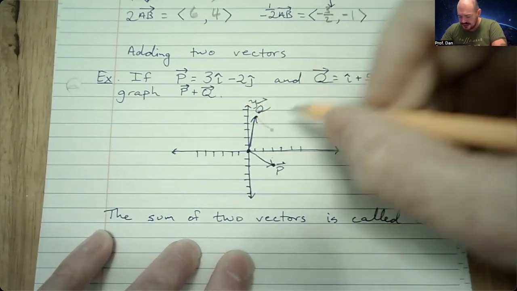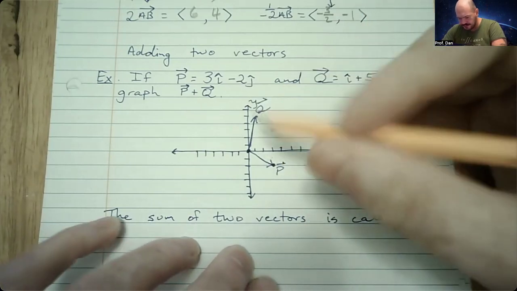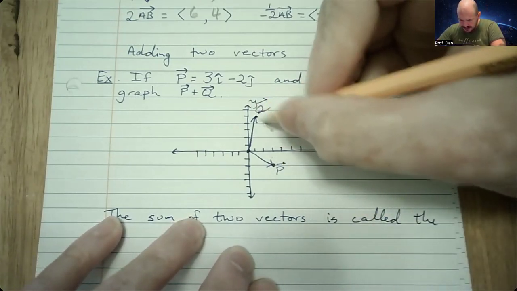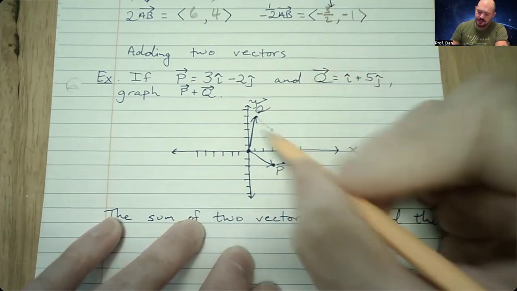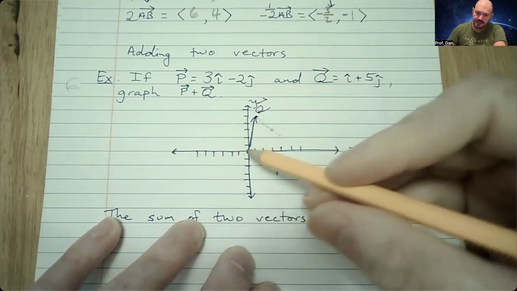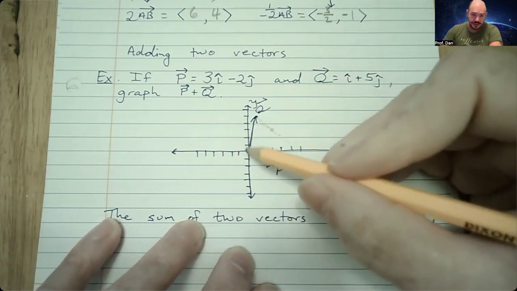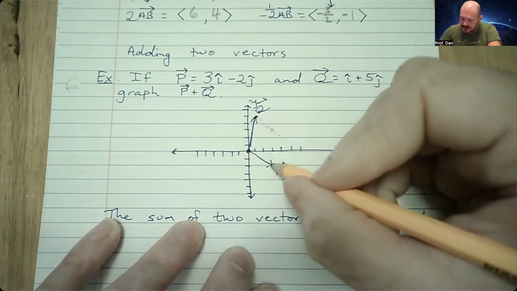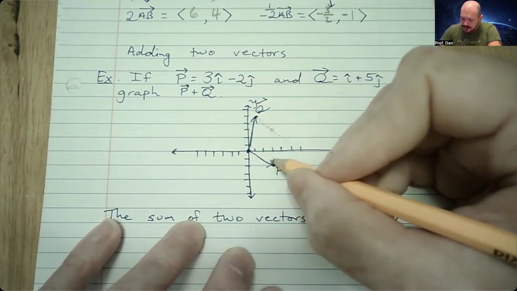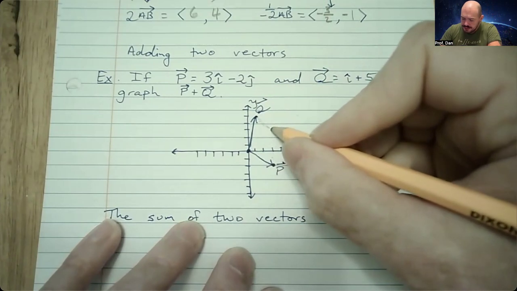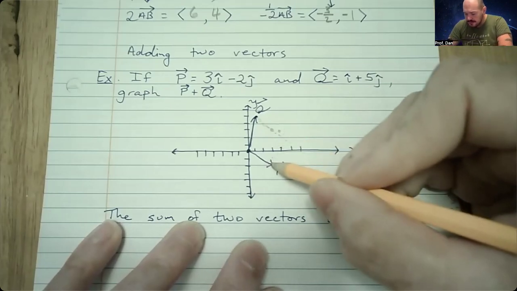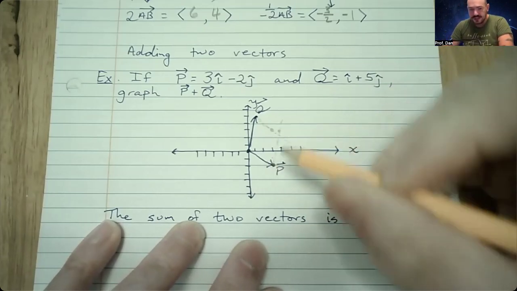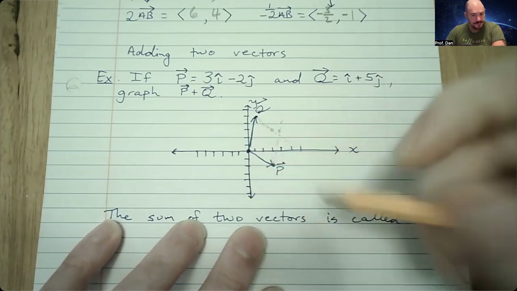I'm going to draw that side, and that gives me the opposite side of vector P. Then I can do something similar for Q. I had to go up 5 over 1. So I'll go up 5, which brings me up to 3, and over 1 brings me over to 4. If I draw that out, you see how that makes a parallelogram.